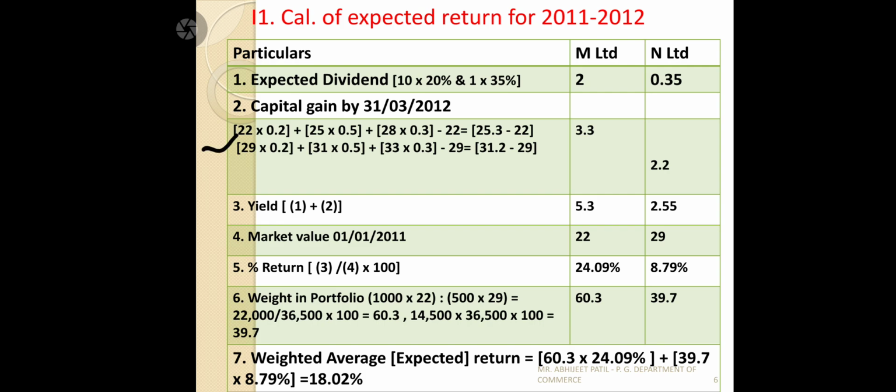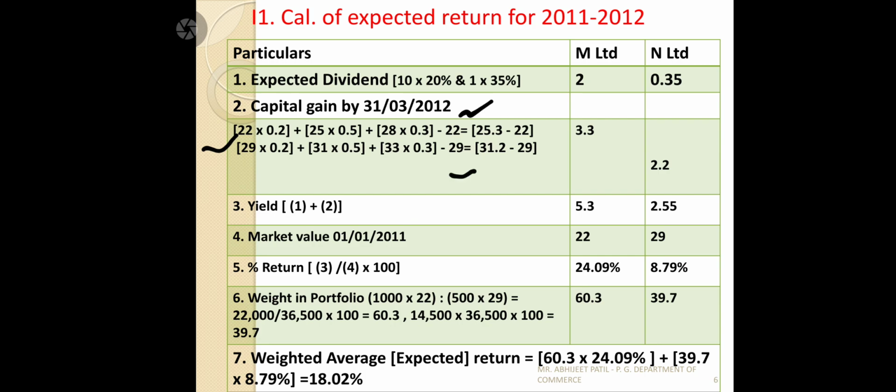So we should multiply 22 into 0.2 plus 25 into 0.5 plus 28 into 0.3, the various market prices given for that academic year, multiplied with the probability of chances, minus the market price at the beginning, that is we should deduct 22 and 29, this is for M, this is for N.